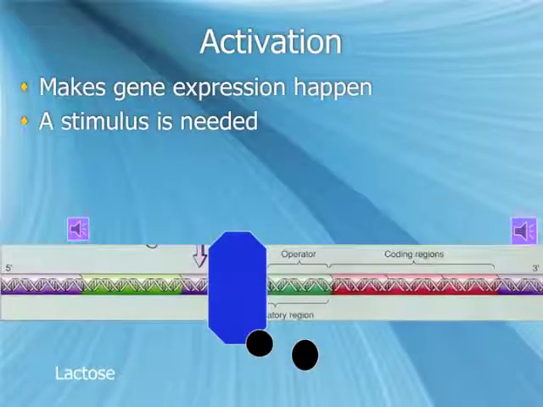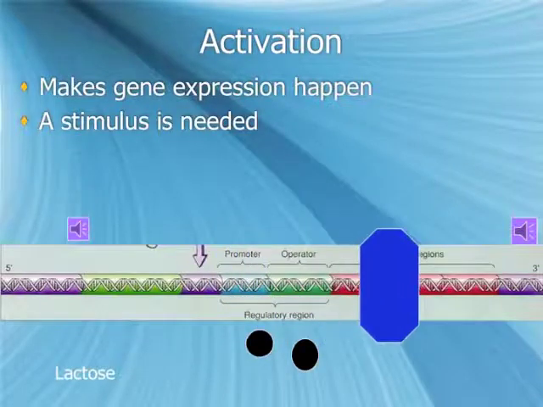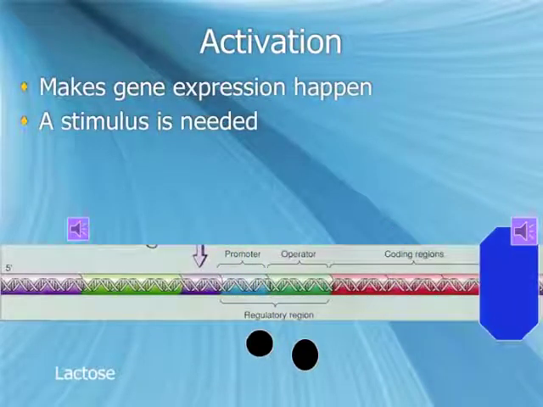That protein leaves, and therefore RNA polymerase is able to go through and cause transcription to occur for that gene. Now, as soon as there's no more lactose, then the inhibitor goes back on, therefore shutting off the gene, which makes sense because if there's no more lactose, you don't need the enzymes anymore, and therefore the gene should be turned off.